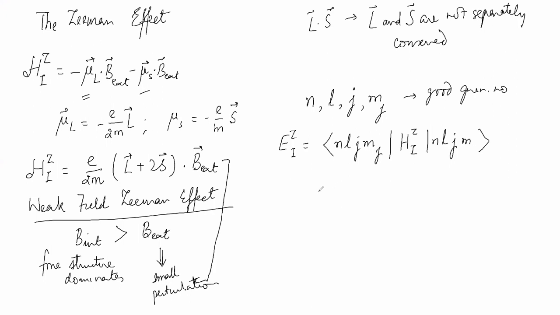And that means if you put in this expression for H_Z, we are supposed to get the expectation value of L plus twice S. Therefore, our task is to obtain the expectation value of L plus twice S.